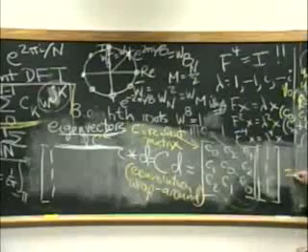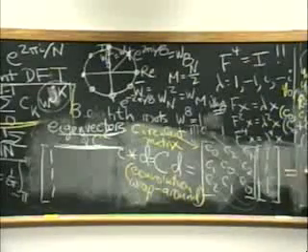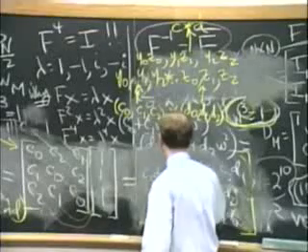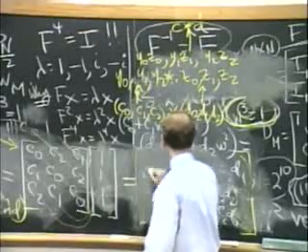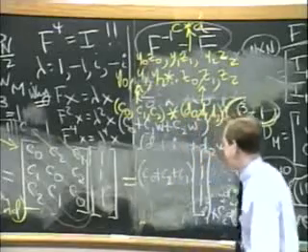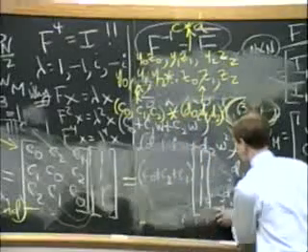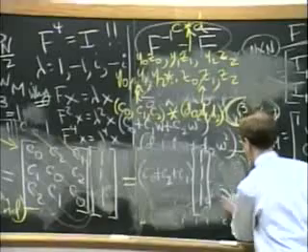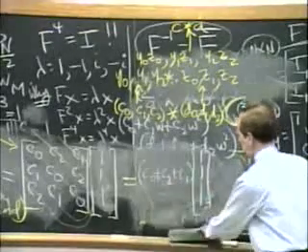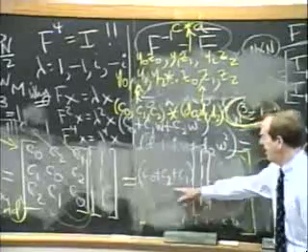And the eigenvalue is C0 plus C2 plus C1 times 1, 1, 1. Right? Every row adds to this same number.